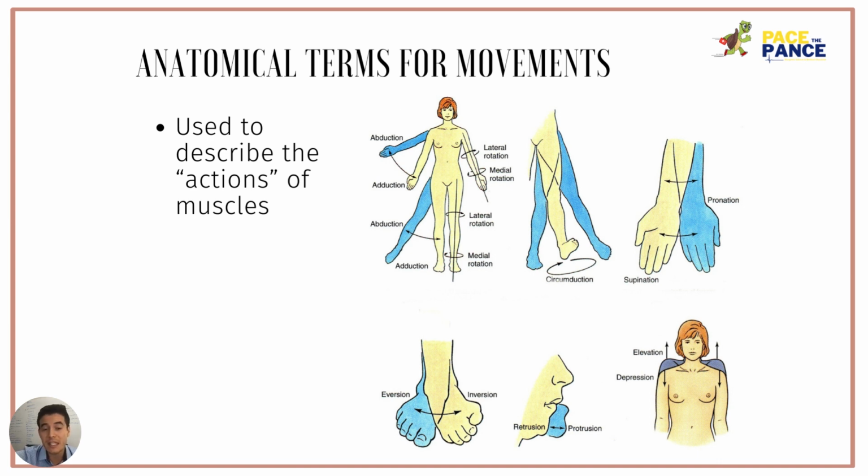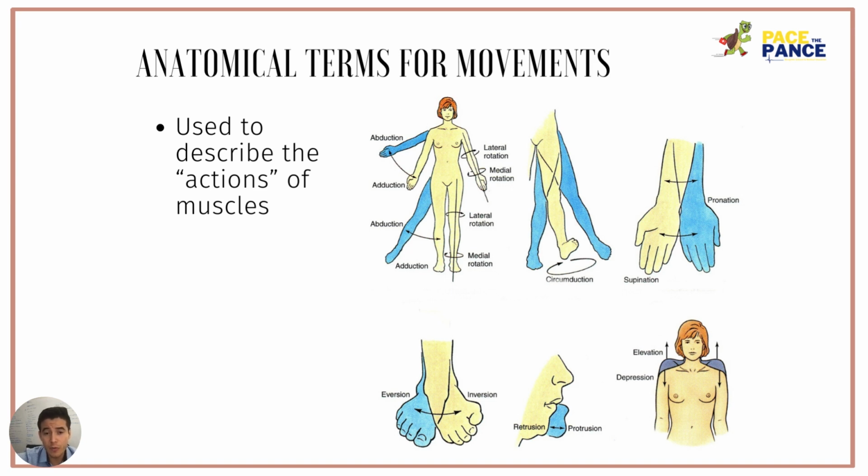Just to give you a couple of examples, you can abduct your shoulders, which is what we often think of when we're moving our shoulders out to the side. You can flex and extend. So when you bring, for example, you're doing a bicep curl, that would be a good example of flexion, versus extension would be a tricep extension.